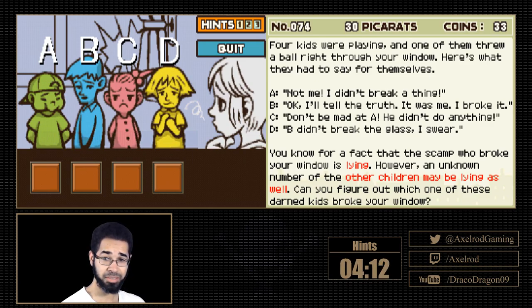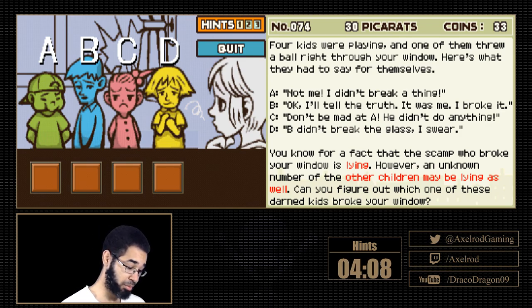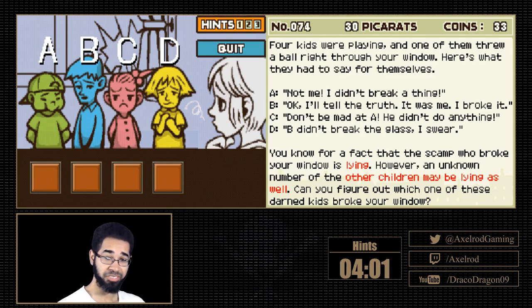And C, that would mean that A broke the window in that scenario, and I put down the wrong spot. If B's lying, he didn't break it, that means everyone else is telling the truth.